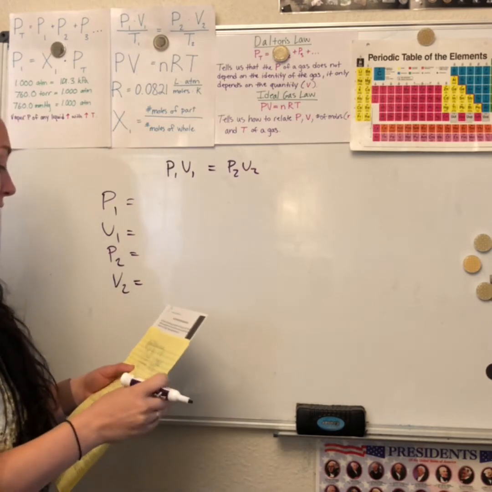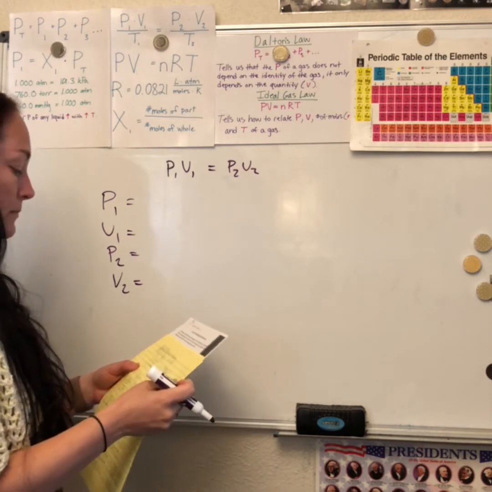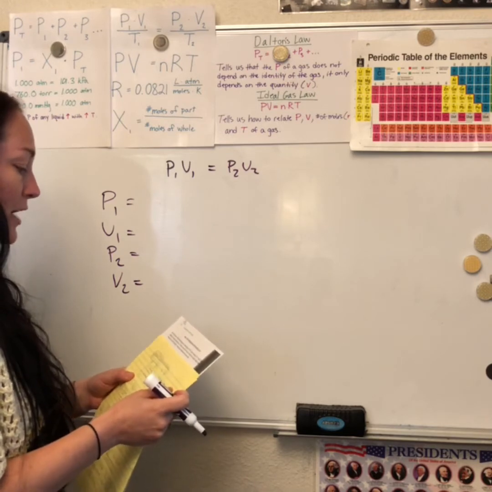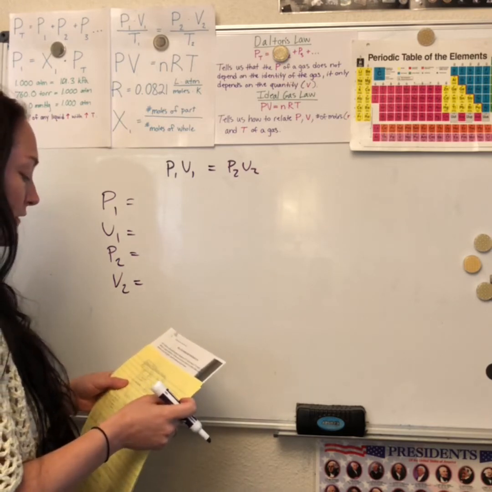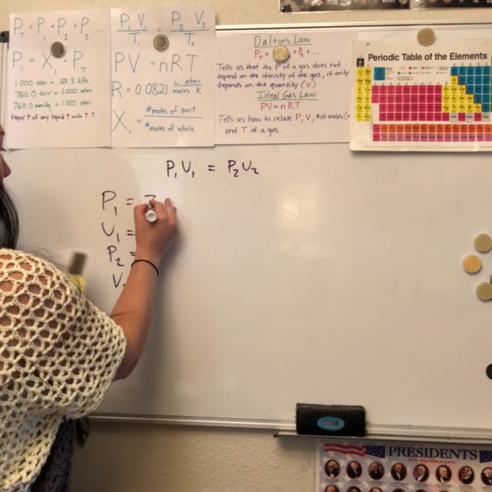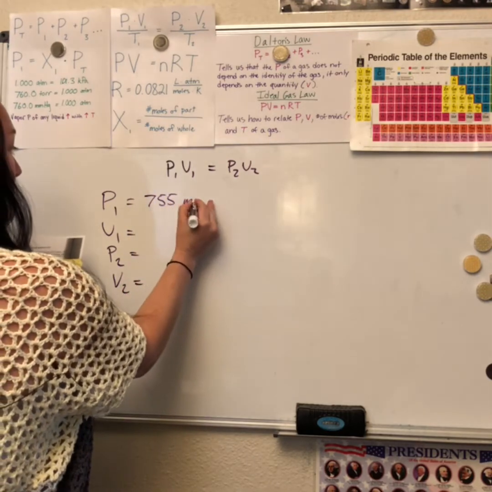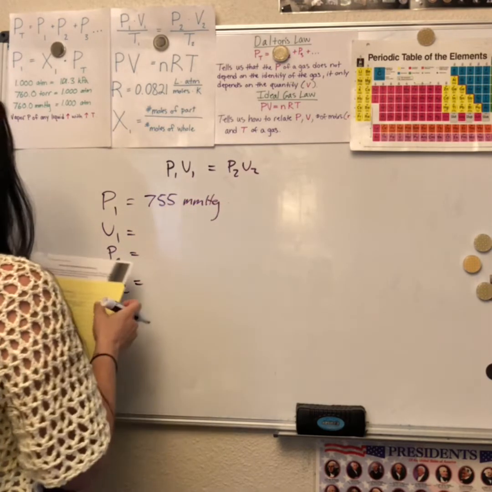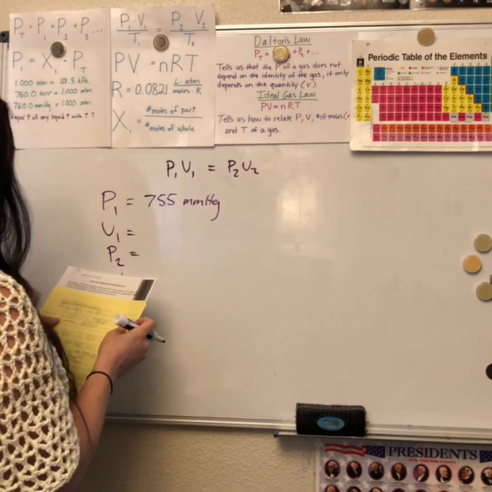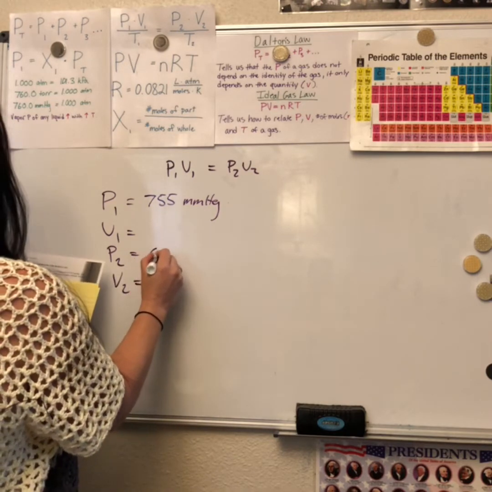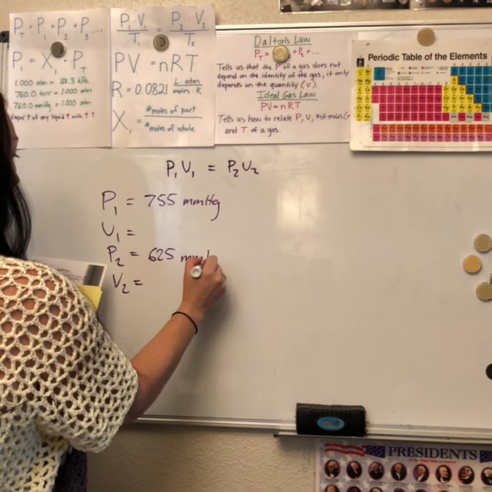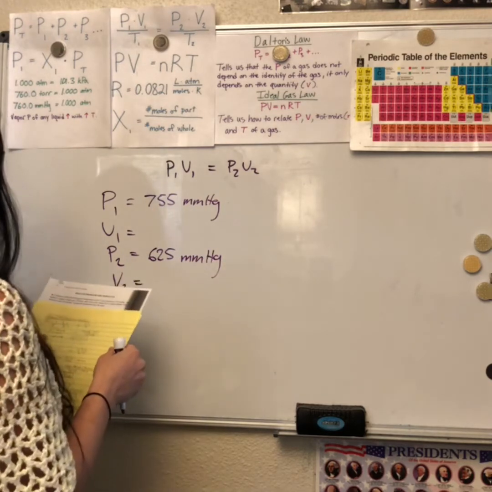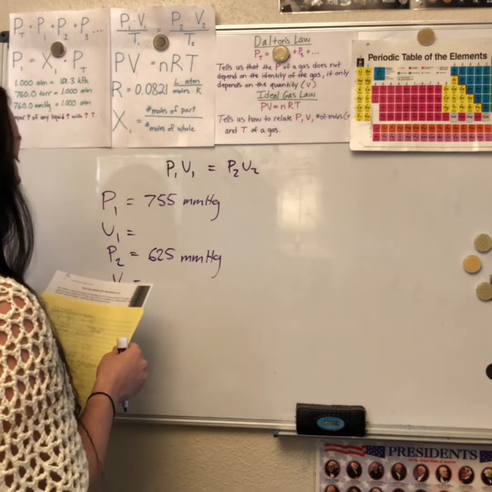So the first one they said was a pressure of 755 millimeters mercury. That's your first pressure right there, okay? And they said the next pressure is going to be 625. It goes down, okay? So I'm just filling in those two things. And they said, what will its new volume be?